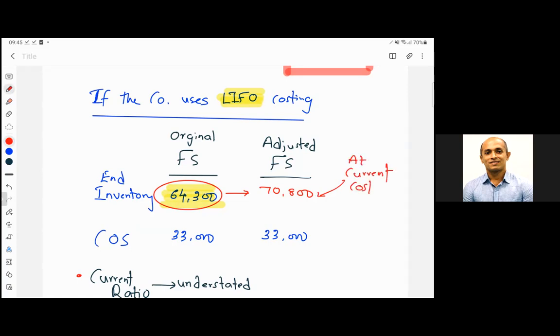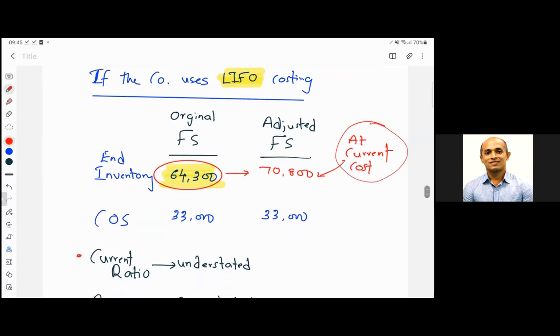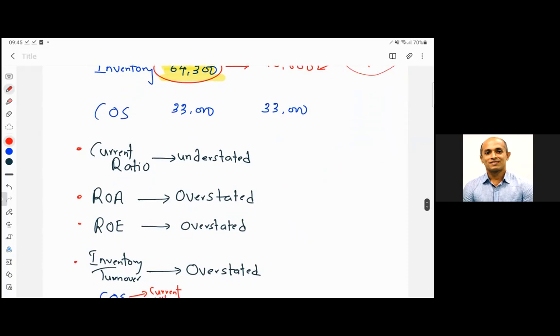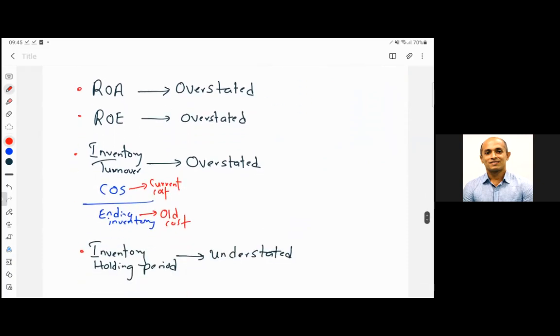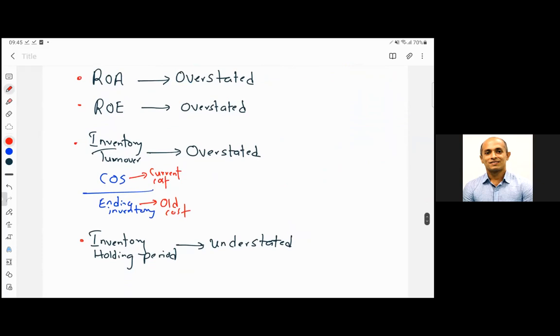After the adjustment, you have inventory value at current cost. If you do not adjust, certain ratios are affected.